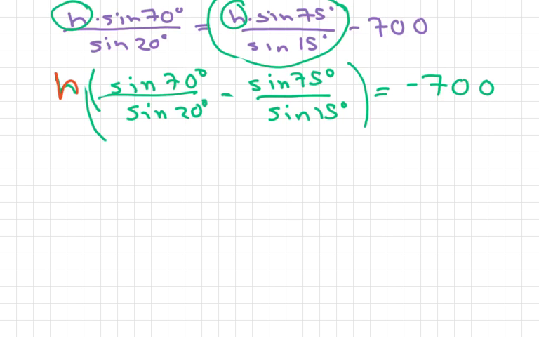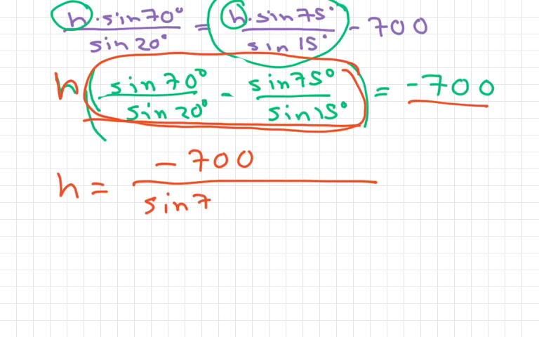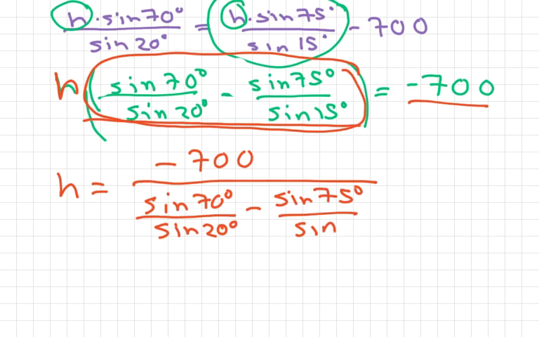Now solve for h. So basically it's just h equals negative 700, and you're just dividing both sides by this whole quantity here, and you get to use a calculator. So you have sine of 70 degrees divided by sine of 20 degrees minus sine of 75 degrees over sine of 15 degrees.